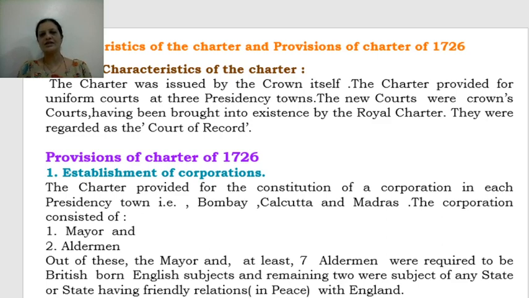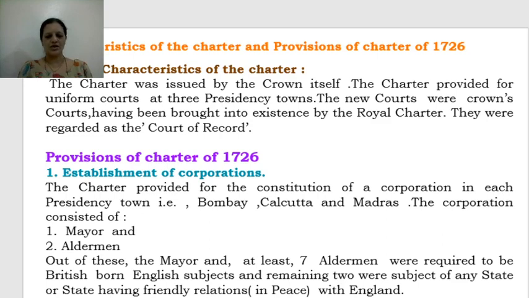Conservancy means the preservation of natural resources, then solid waste management, water supply for domestic, industrial, and commercial purposes, then fire services, planning for economic and social development, regulation of land use and construction of buildings, then road and bridge construction. So these are the basic functions which corporations have to discharge.